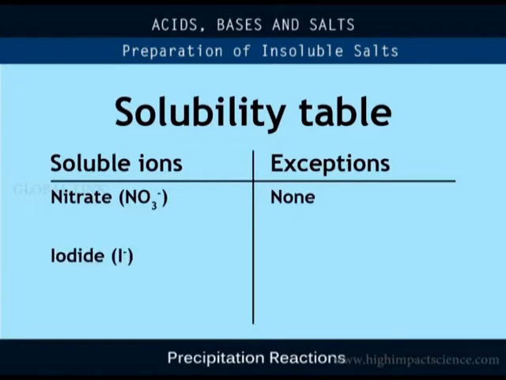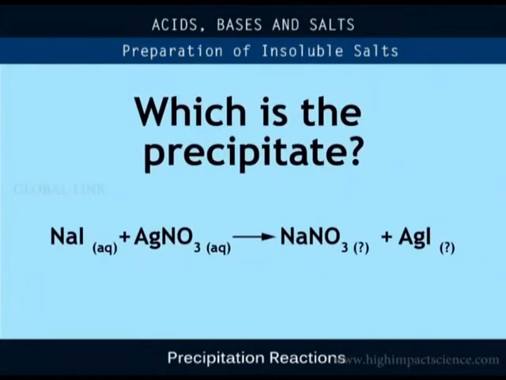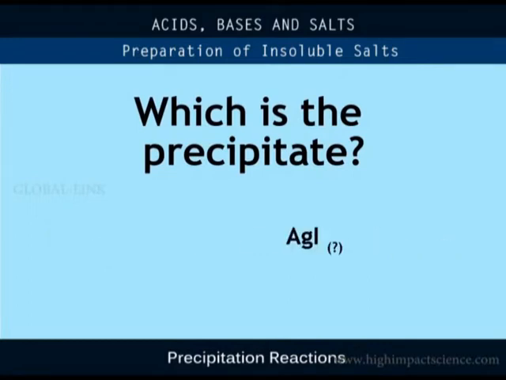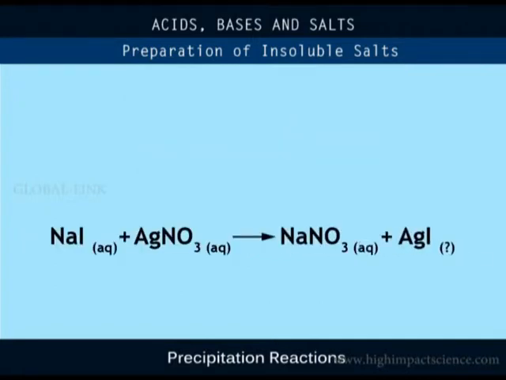Iodide salts are soluble except when combined with mercury, lead, and silver. Therefore, silver iodide is insoluble in water, and that is the bright yellow precipitate formed. So, sodium nitrate is an aqueous solution, and silver iodide is a solid precipitate.